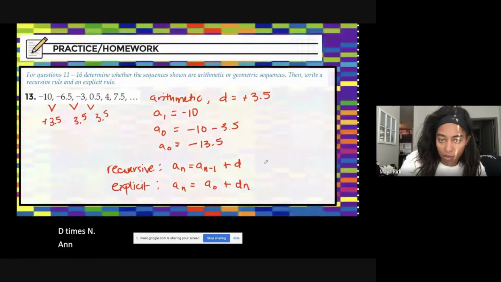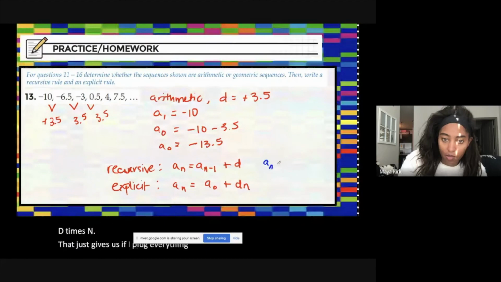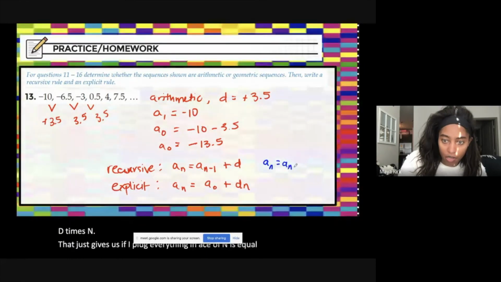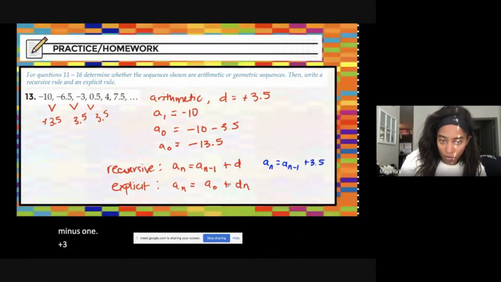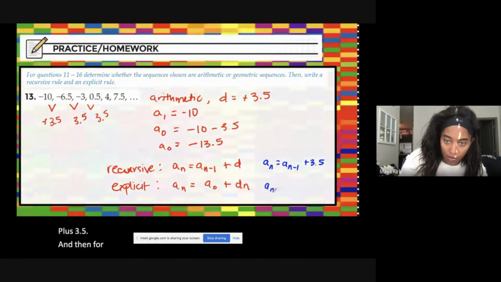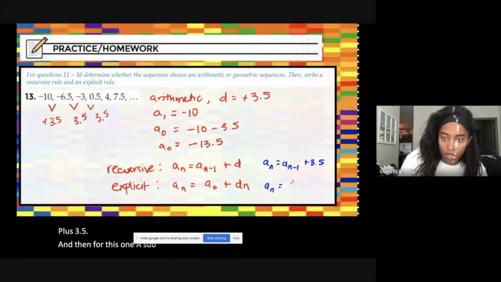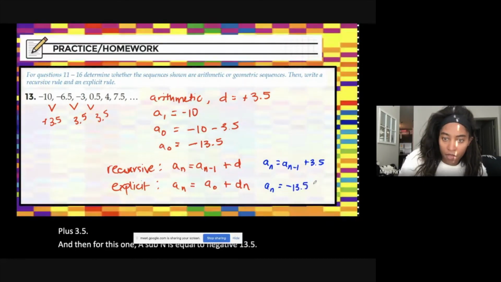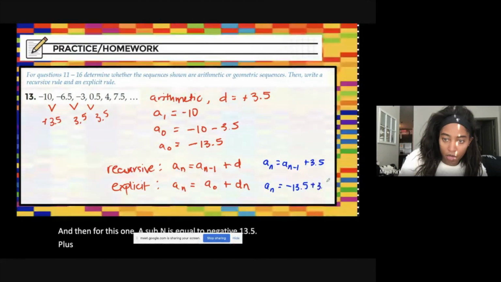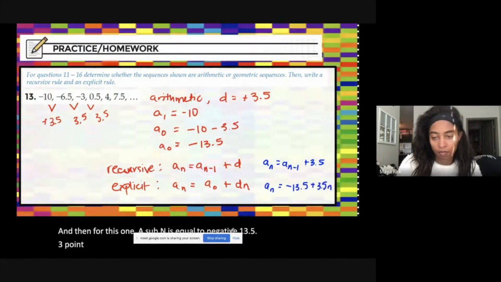If I plug everything in, A sub n is equal to A sub n minus 1 plus 3.5. And for this one, A sub n is equal to -13.5 plus 3.5n.